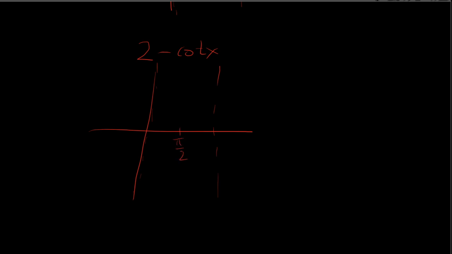And then pi over 2 in the middle. So I think basically it looks something like this. We don't have to go through all the detail. And as you can see, if you're going 0 from the right, you're going down to negative infinity. So this thing would just go down to negative infinity.